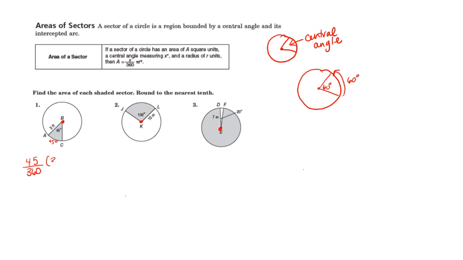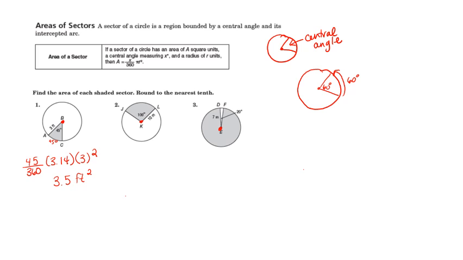So times 3.14 times r squared. So 45 divided by 360 times 3.14 times 3 squared, which is 9, is 3.5 feet squared.